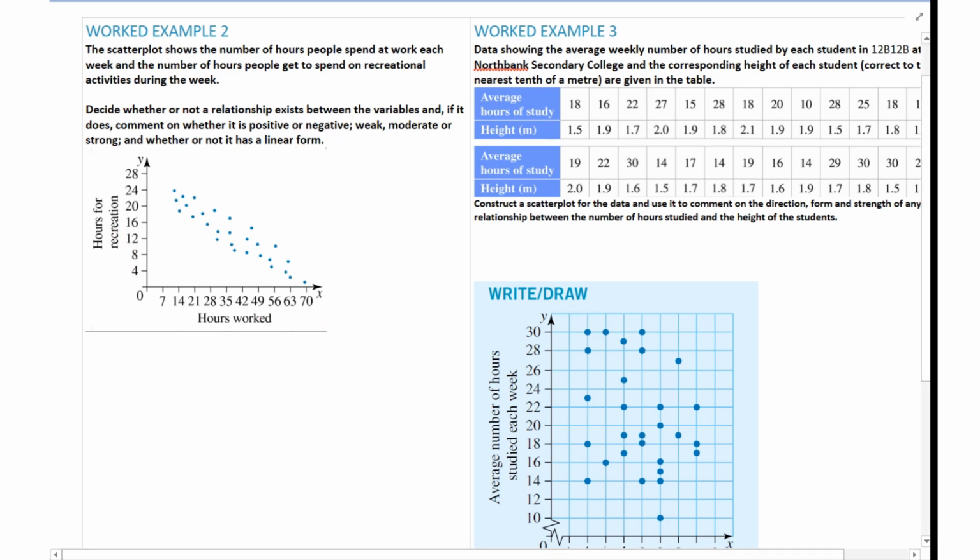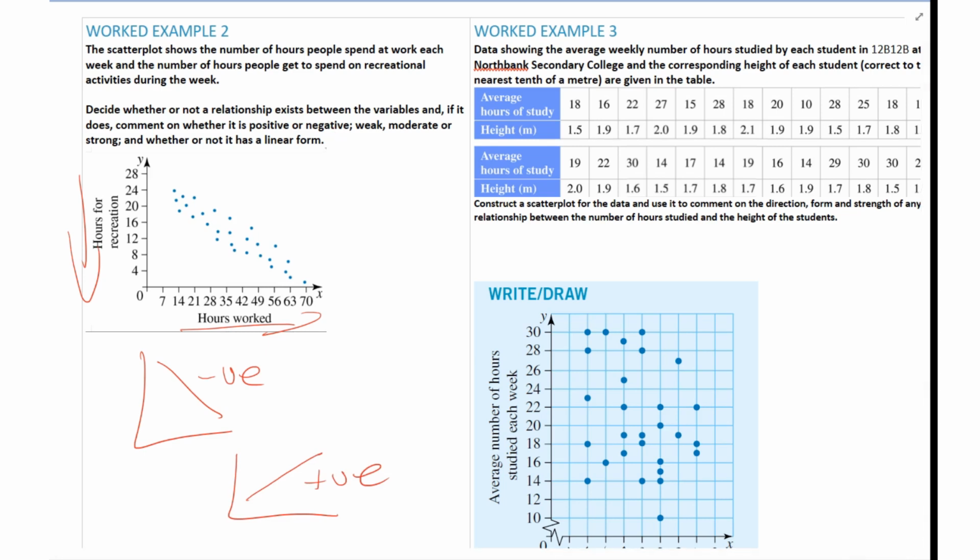Now remember, if my explanatory variable is increasing and my response variable is decreasing, then that's a negative slope, and that's a positive slope, just as a reminder. So this one is going to be negative.